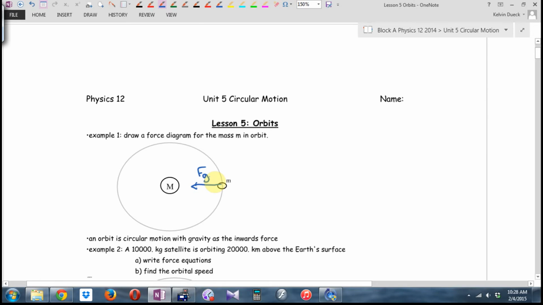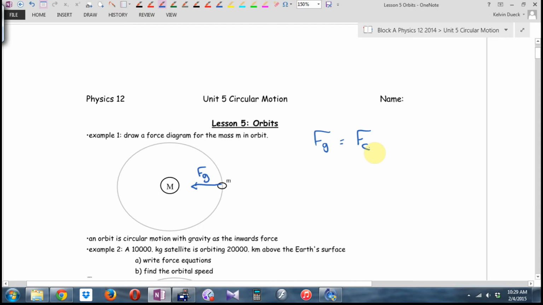Are there any other forces in outer space acting on it? There's no friction out there. So, gravity. Who's winning? In fact, here's the equation that we're going to be flogging to death for the next couple of lessons. Gravity is what's pulling me in a circle.